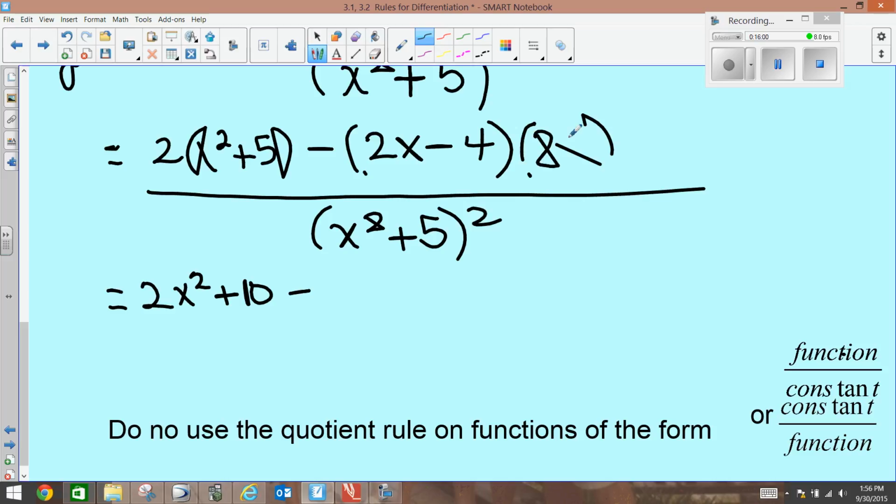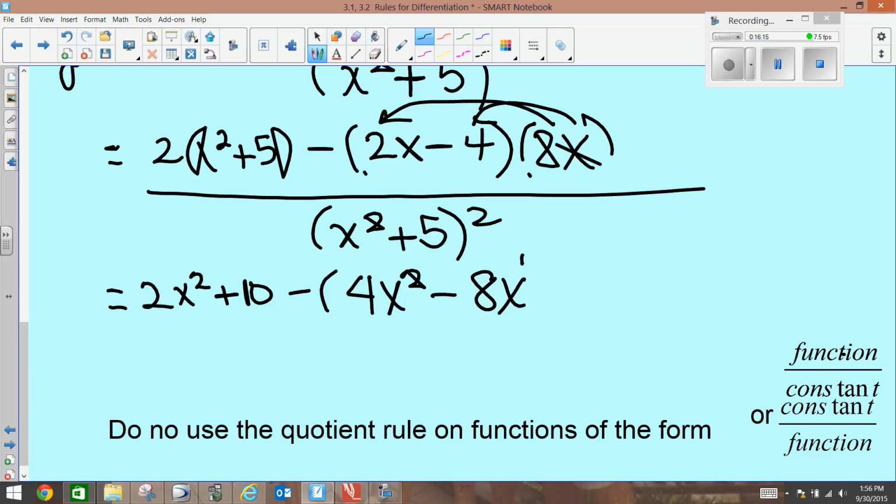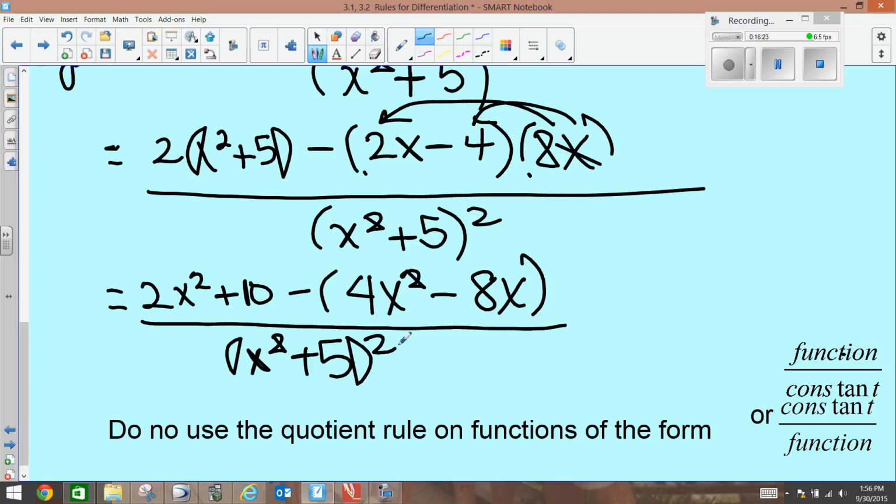Minus, I'm going to go ahead and distribute here. So that's 4x squared minus 8x. Okay, over, I distributed the 2, I didn't distribute the negative yet, x squared plus 5 squared.